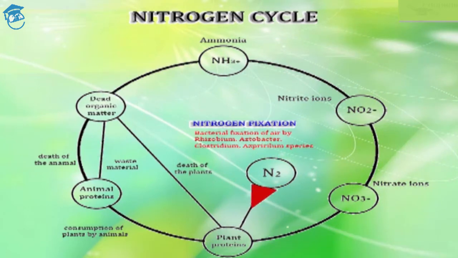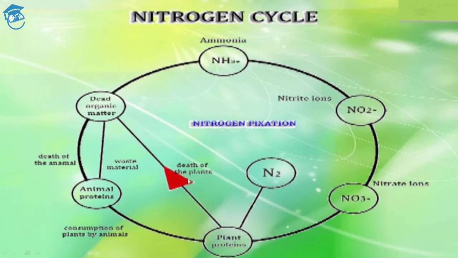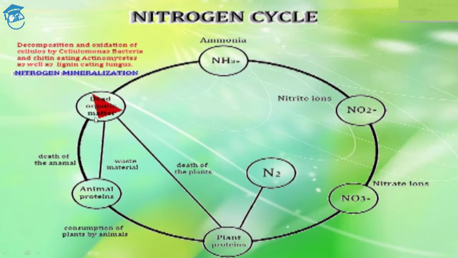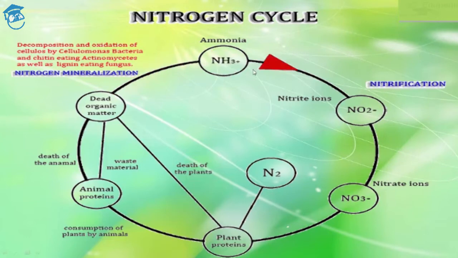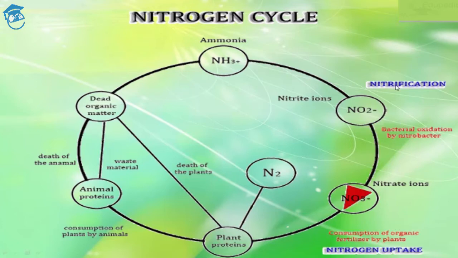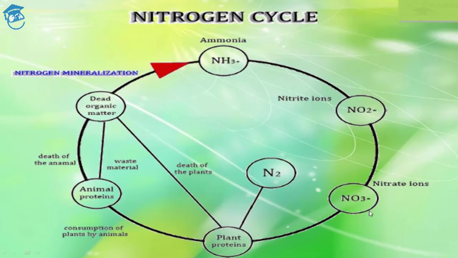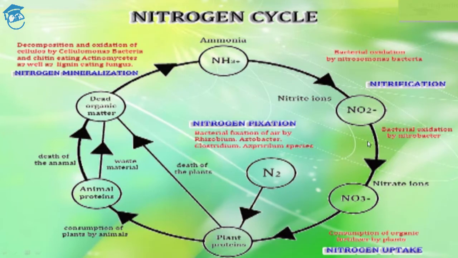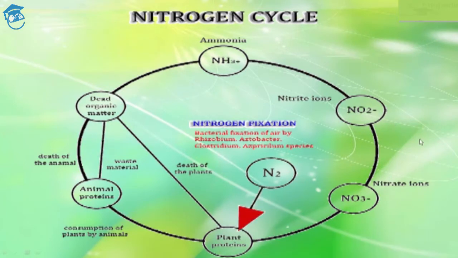Okay, see, nitrogen gets into the plant protein and from dead organic matter. And then the ammonia gets converted into nitrite ion. That process is known as nitrification, and then it gets converted into nitrate, and this is how nutrient uptake takes place.